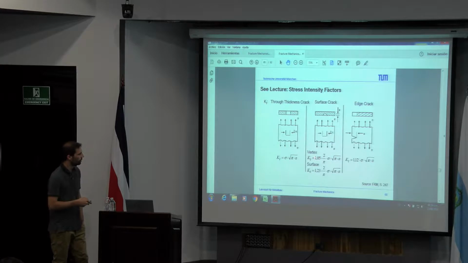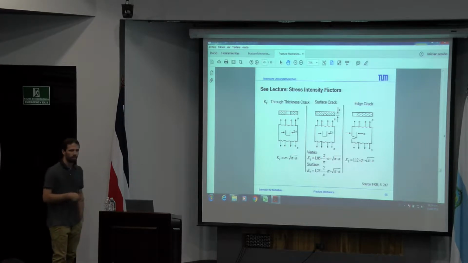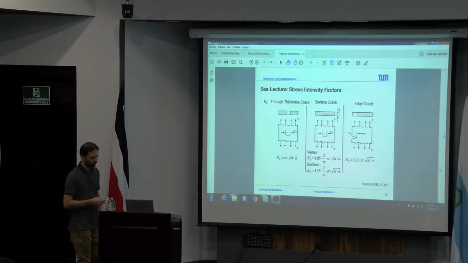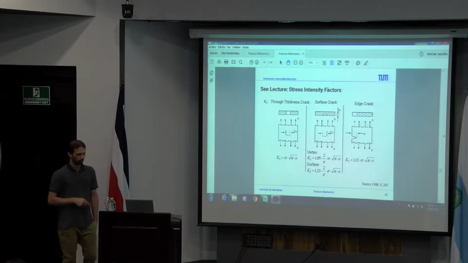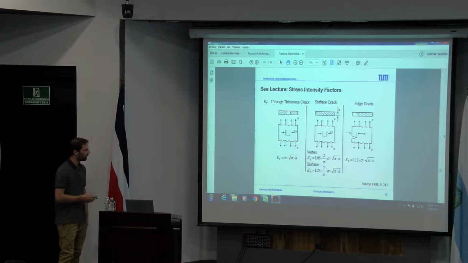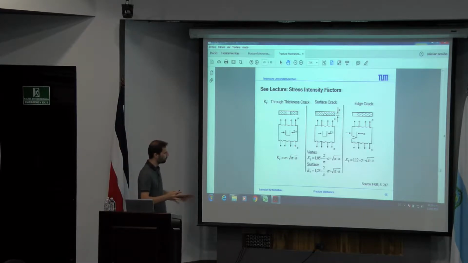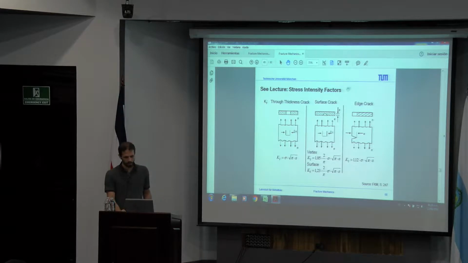You can use K1 equals 1.05 times 2 over pi times sigma times the square root of pi a, and also for an edge crack. So these are basically the main models which I introduced last week.